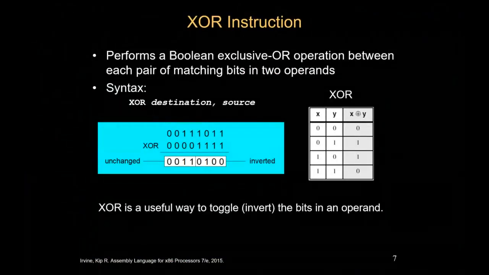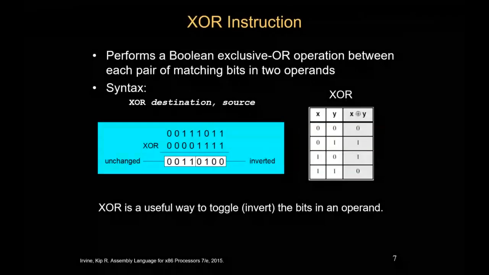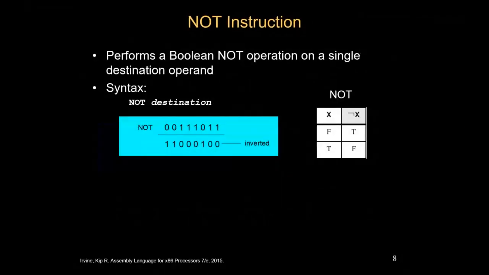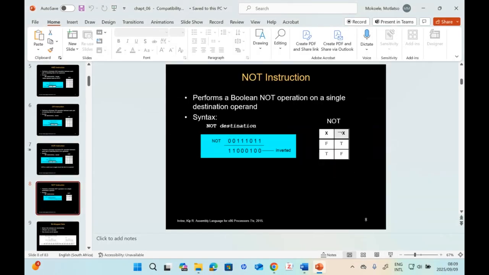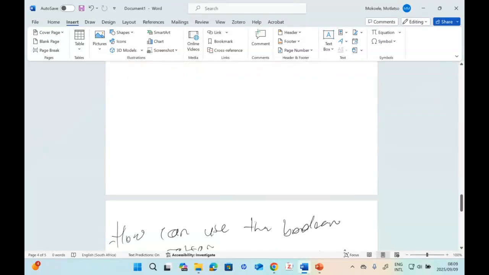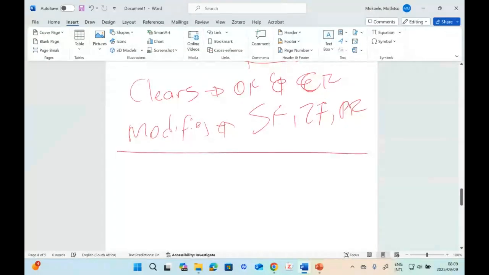Again, you have the NOT. The NOT is simple. The NOT instruction is used to invert all bits in an operand. The result is called the one's complement. Does anyone still remember what two's complement is and the difference from this one?